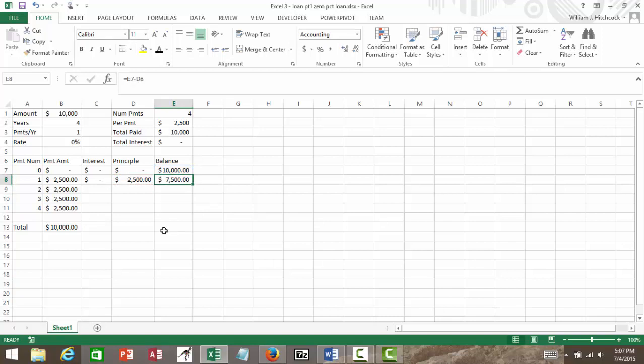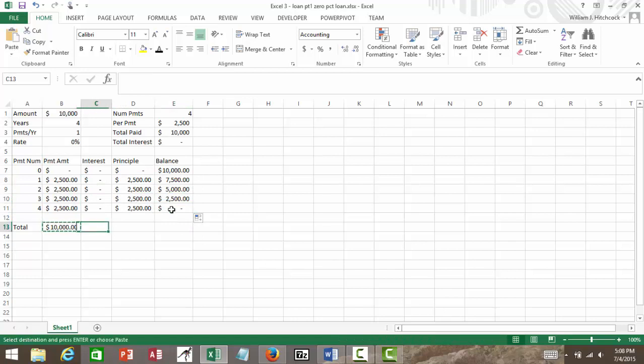So if I get a raise at work or something, and I just want to pay off the loan, I would pay a total of $7,500 at this point. So let's take these formulas, highlight them, double click on the fill handle to copy them down to payment number 4. And after 4 years, you can see our balance is down to 0.